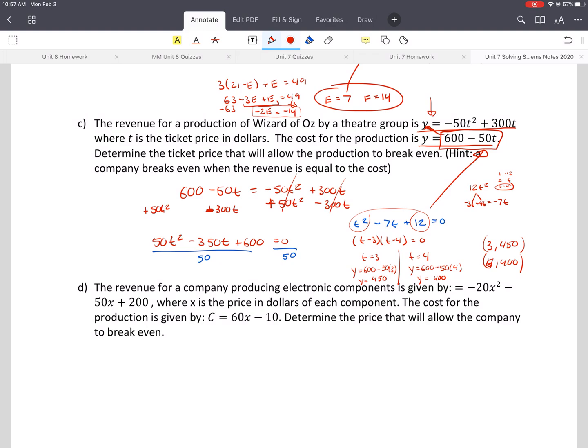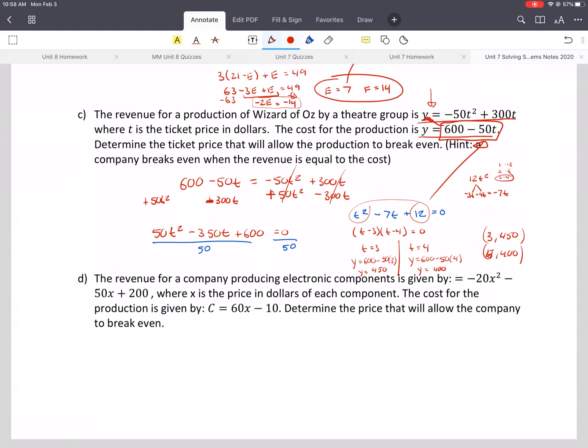Okay, so they can break even if the ticket price is $3, then they have to sell 450 tickets. If they have $4 tickets, then they have to sell 400 tickets to make it even. Okay, so those would be our two choices. All right.